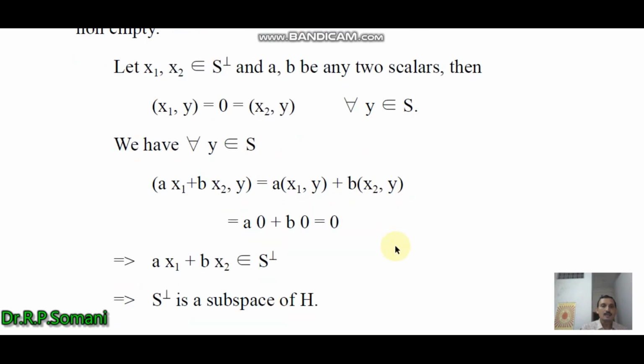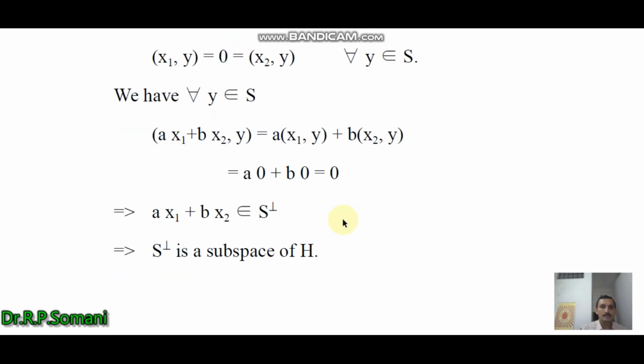This becomes a0 plus b0, using the equations that the inner products of x1, y and x2, y are 0. So this inner product equals 0. Therefore we can say that ax1 plus bx2 belongs to S orthogonal.